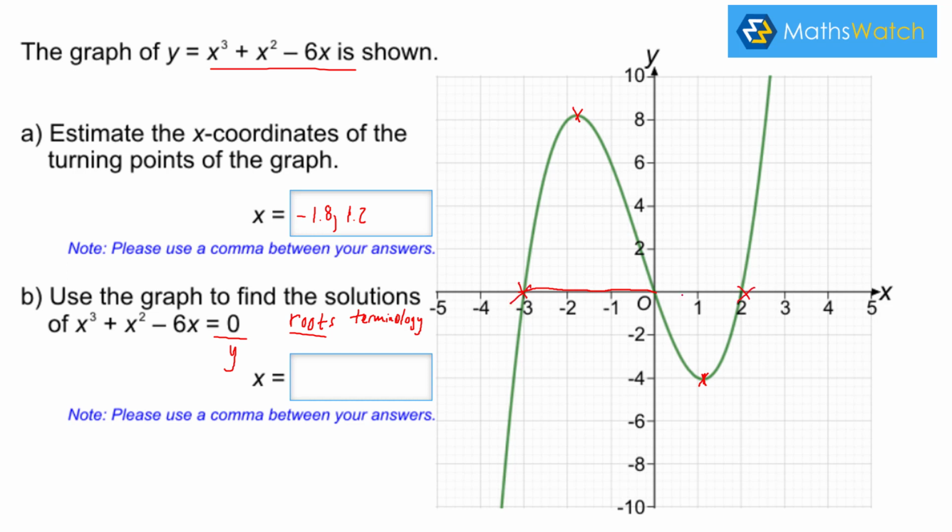So y equals 0 is this line here. So what's that coordinate? Minus 3. And that's a root as well, because cubics can have up to 3 roots. So that answer must be minus 3, 0, and 2. Those are the x values when y equals 0.